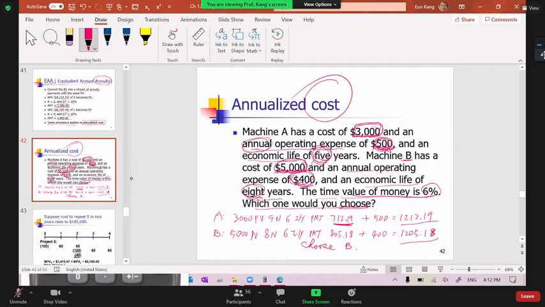It depends on numbers, okay? So if this is on the exam, don't assume that whatever costs more but runs longer and has lower annual operating expense is better. Not always. It depends on just numbers, right? So you have to calculate annualized total operating cost and then compare.